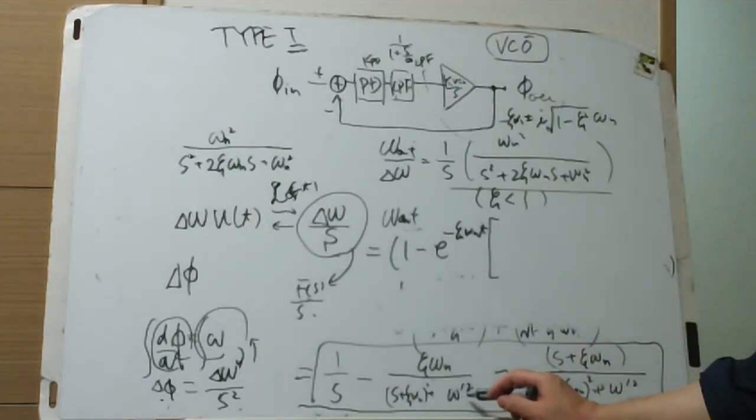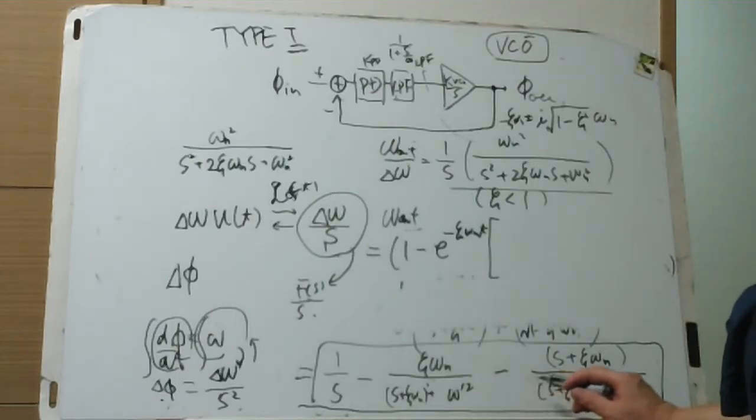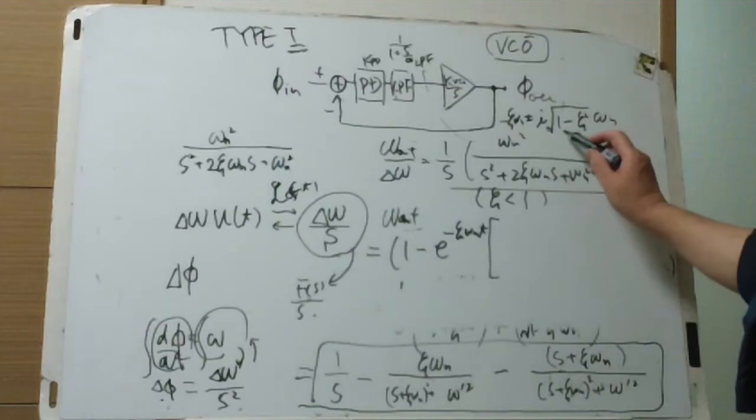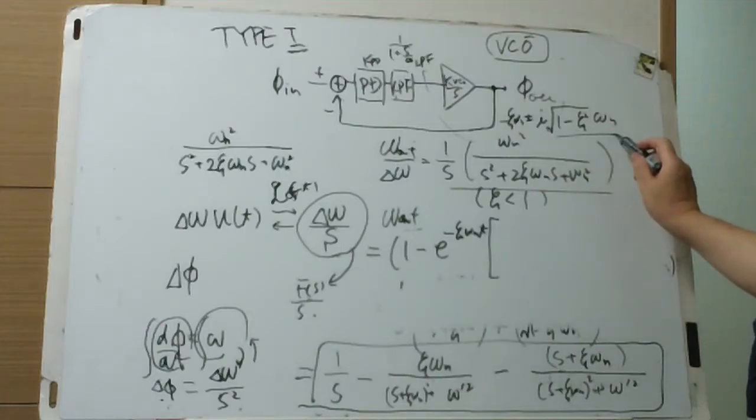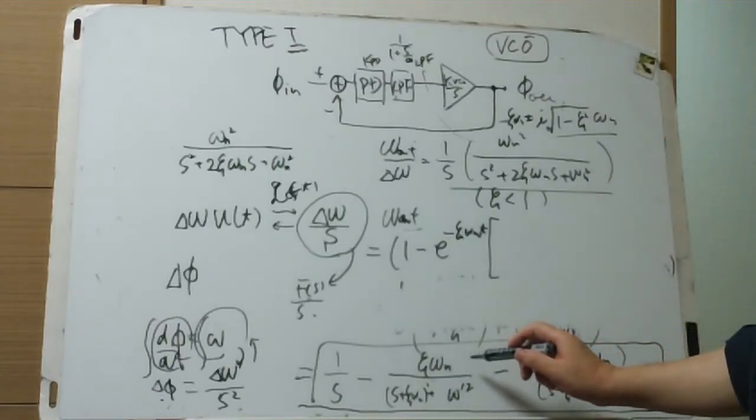This is zeta. This is this, and this square is this square, and this is this.